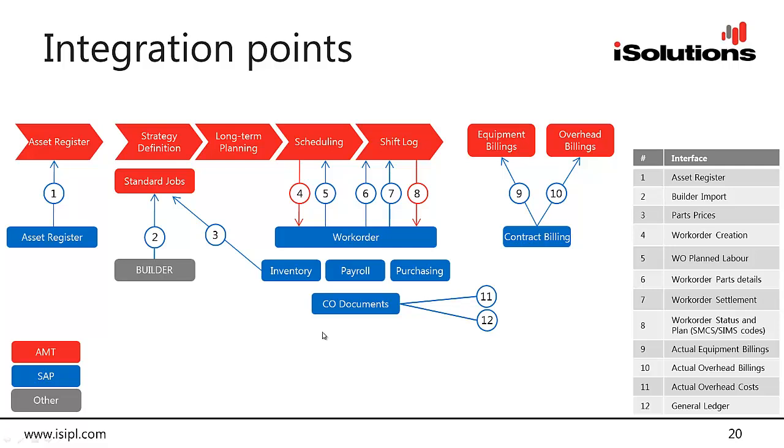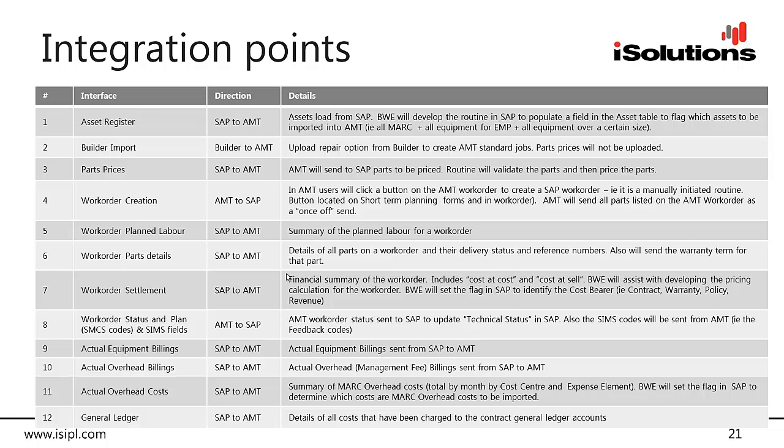So those are the main points of integration, and that's for the mark scenario. Okay, I won't repeat all of this detail. These are all a little explanation of each of the interfaces.